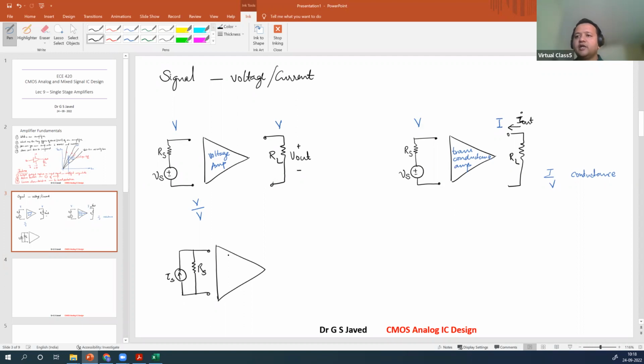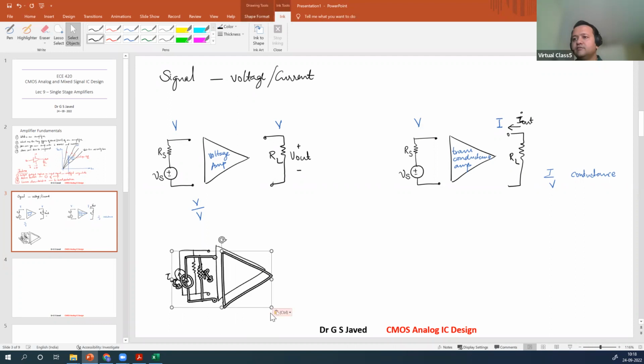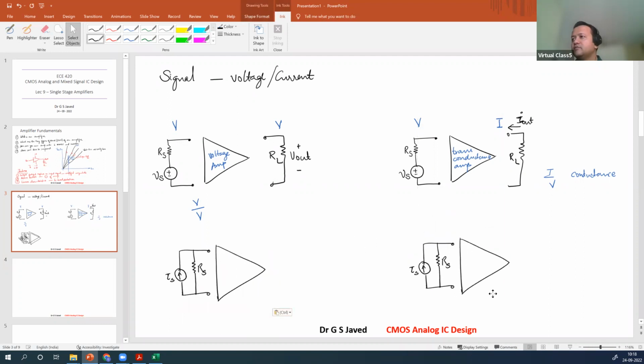Now when you give a current input, let us copy this current input for both of them. So when you are giving this current input, there are again only two things you can see. One, either take it at the output or take it at the input.